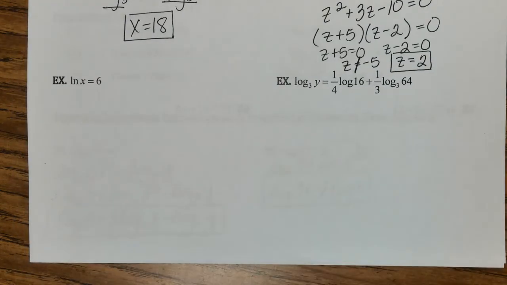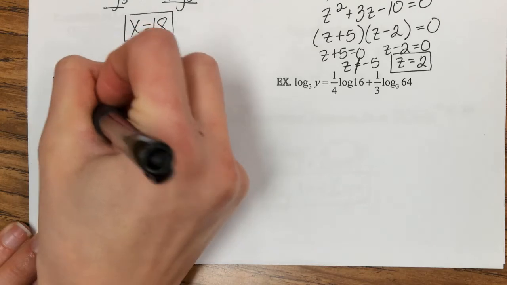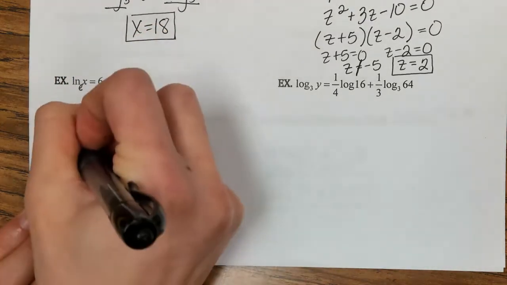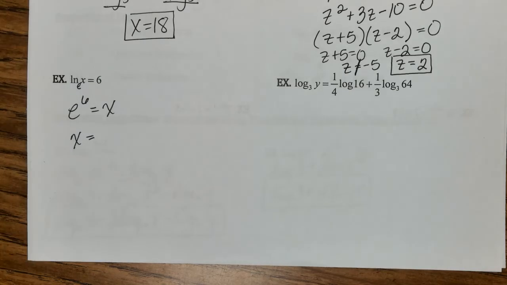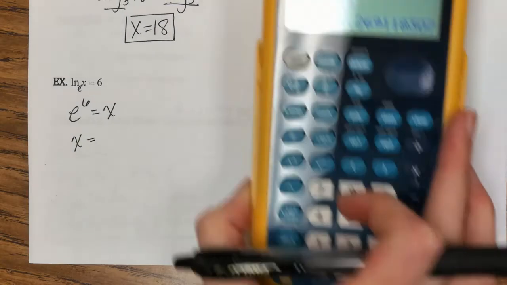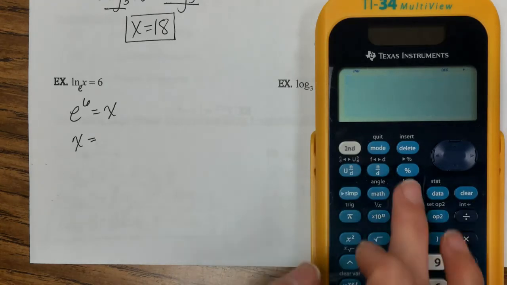Alright, I'm just giving you natural log of x equals 6. How am I going to figure that out? The log base solution equals exponent. What's my base? E. So e to the 6th equals x. So x equals, in your calculator, if you're just using this, I'm going to show you both ways since I don't remember what we're doing on which portion.